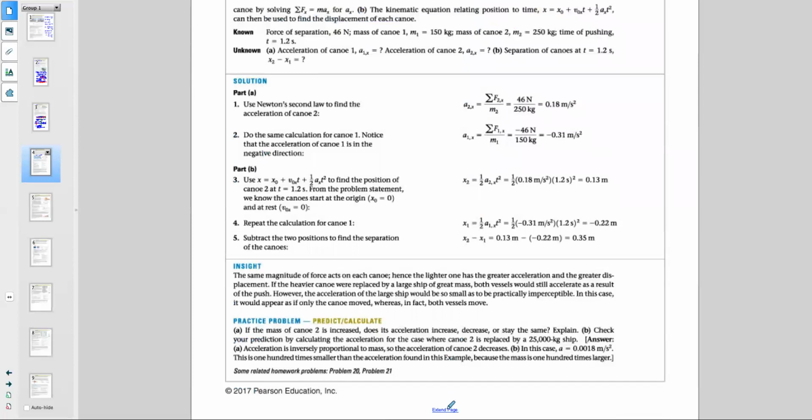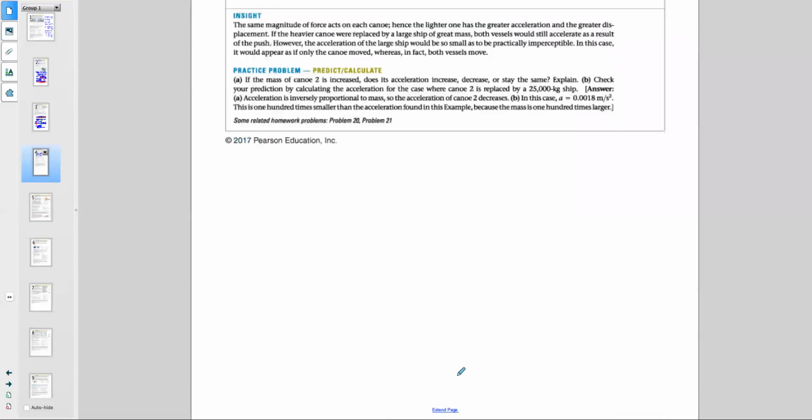Let's see if we can solve the problem. We know that the accelerations are different, even though the force is the same. The force is 46 newtons. The accelerations are different because the masses are different. So sigma F equals ma is the general formula.